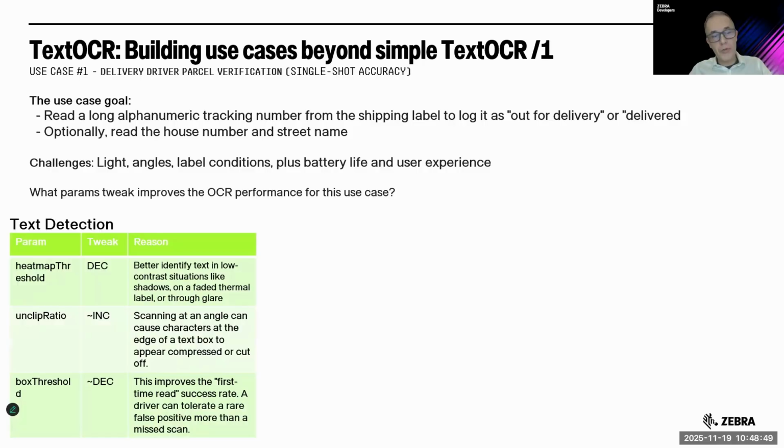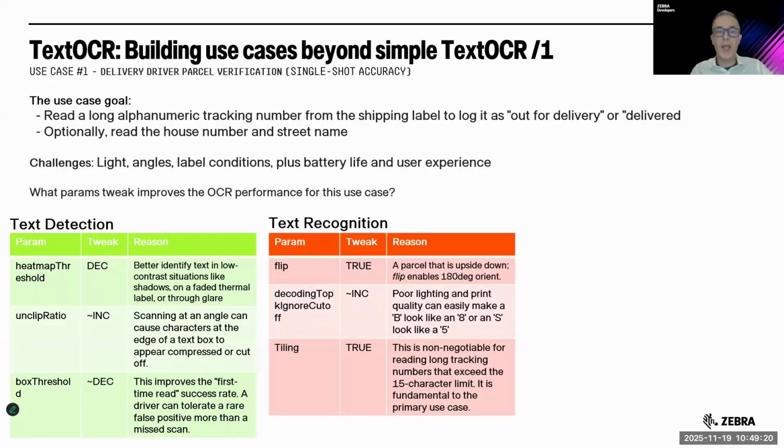The enclip ratio should be slightly increased because scanning at an angle sometimes makes the text less recognizable. And the box threshold slightly decreased because you want to have a first time read success. You can tolerate false positives, but you want to have a result at the first scan.